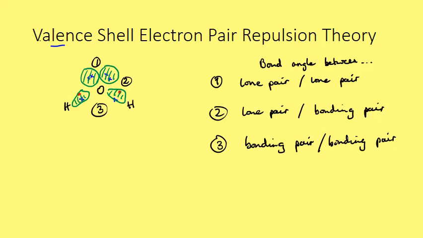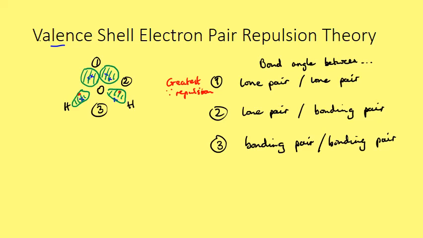Now they're spherical, so they're going to push each other apart the most. So this bond angle is going to be greatest, right? Because the repulsion is greatest.